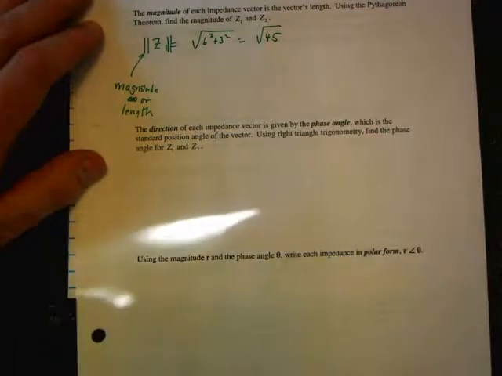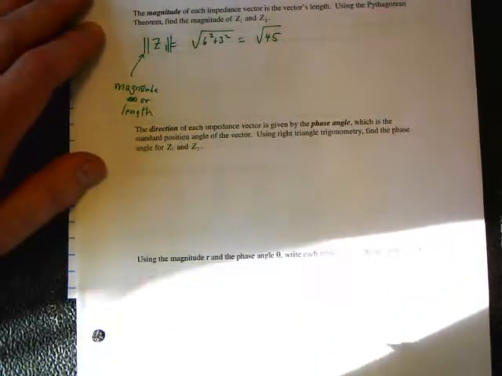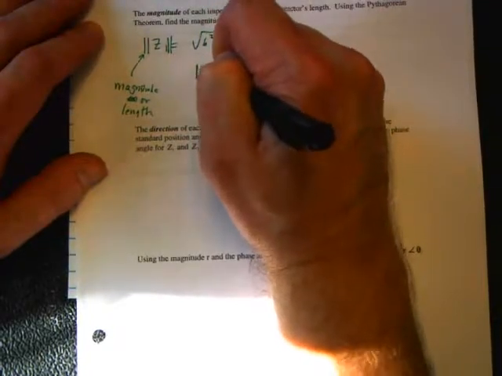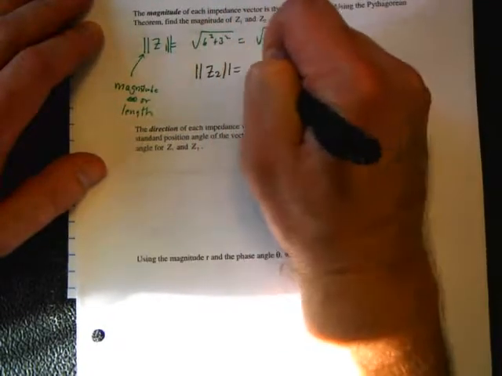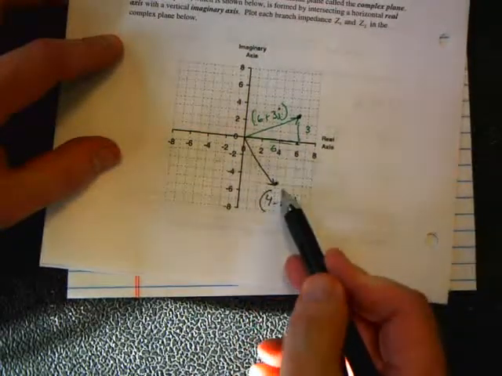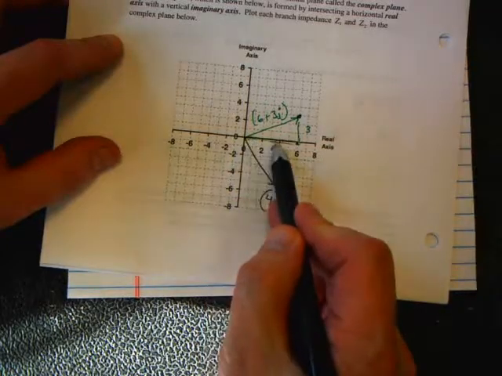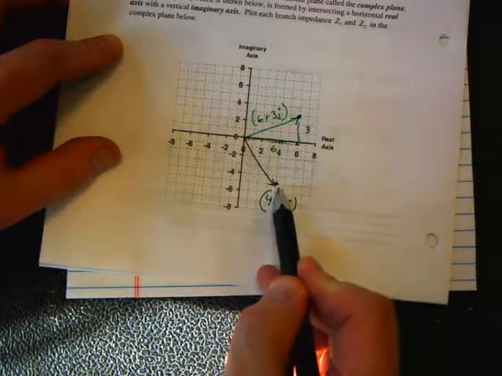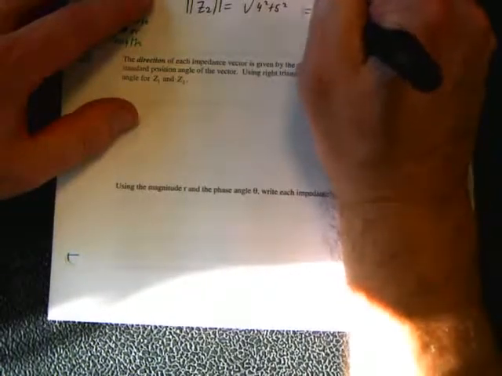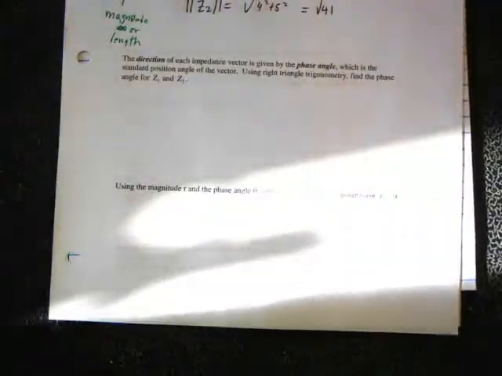All right, then it says find the magnitude of z2. It would be the square root of 4 squared plus 5 squared, because it would be 4 in this direction, 5 in that direction. Square root of 41, 16 plus 25.